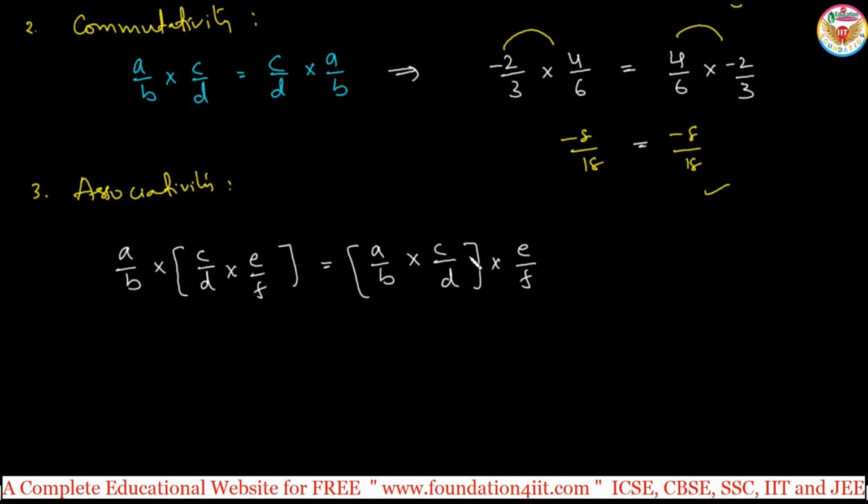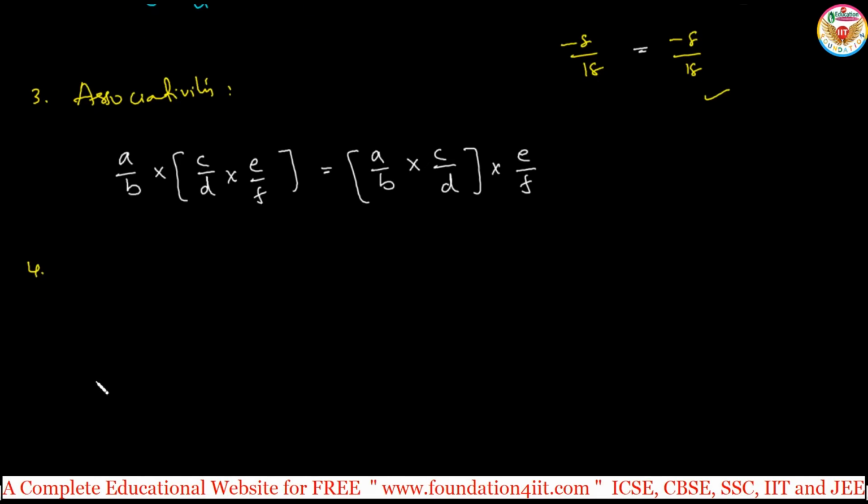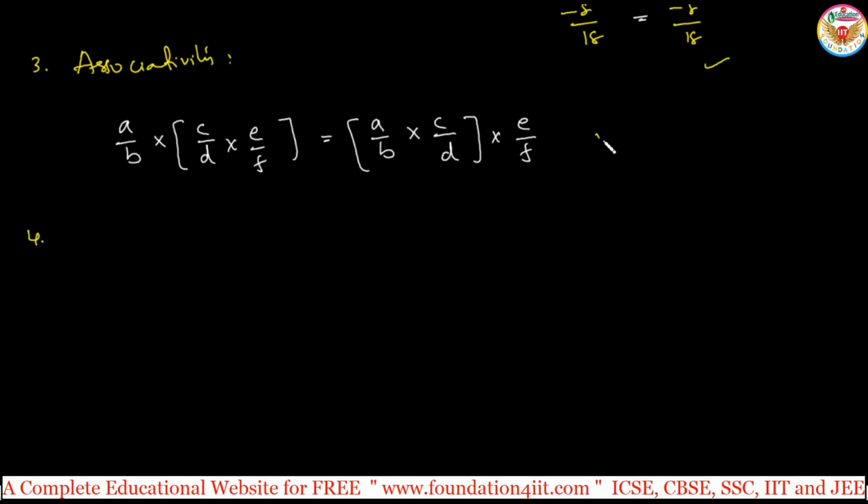If it is equal, that is the associativity. This exists because it is multiplication, you get the same. You can check this. The fourth and fifth I'll show: one is the identity and the other is the inverse, multiplicative identity and multiplicative inverse. Associativity exists. You can take any three rational numbers and check.